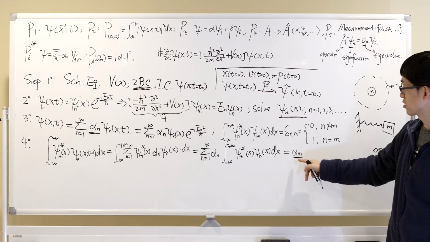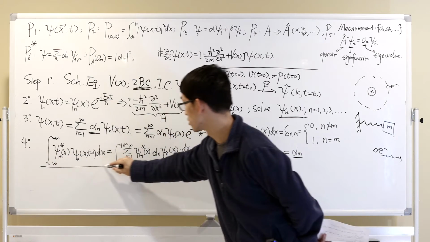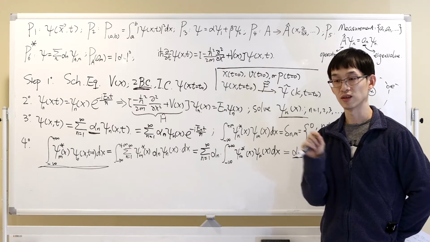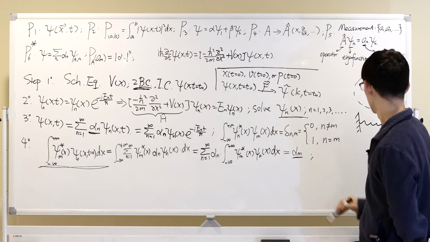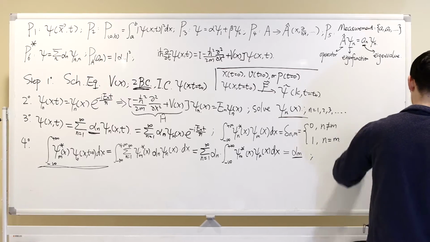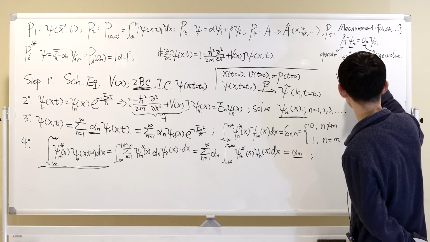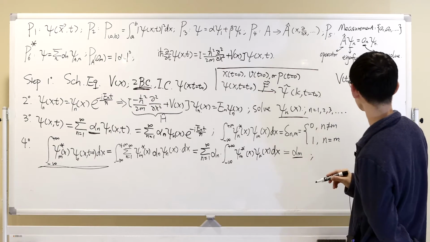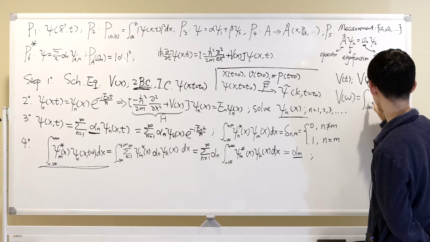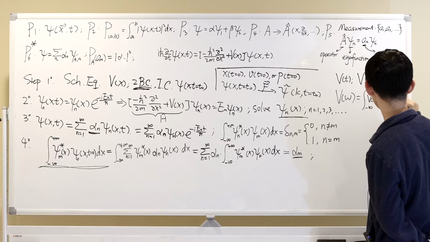So this is how you get the alpha m by calculating this integration. And this is just like the Fourier transform. In Fourier transform, if you have a time signal V t, and now you want to know the frequency signal V omega, then V omega equals an integration of V t e to the minus i omega t dt.